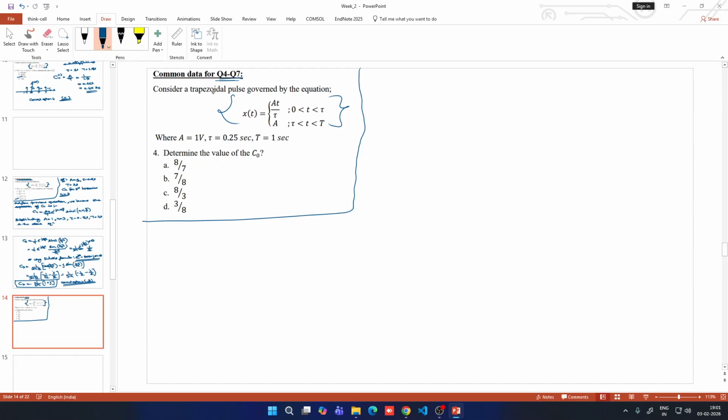So consider a trapezoidal pulse governed by the equation x of t equals A t by tau when it is between 0 to tau, and the amplitude becomes A once the pulse is between time tau and T. Here the amplitude is given as 1 volt, tau is 0.25 seconds, and the time period of this periodic pulse is 1 second.